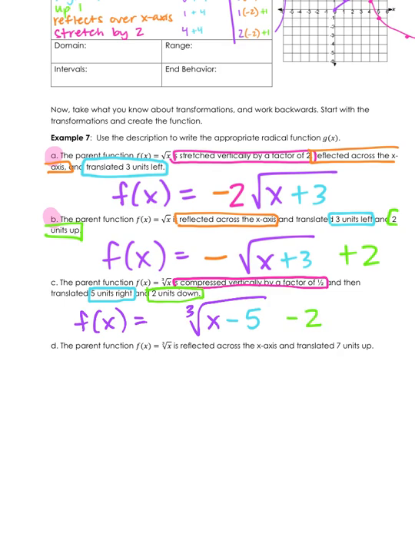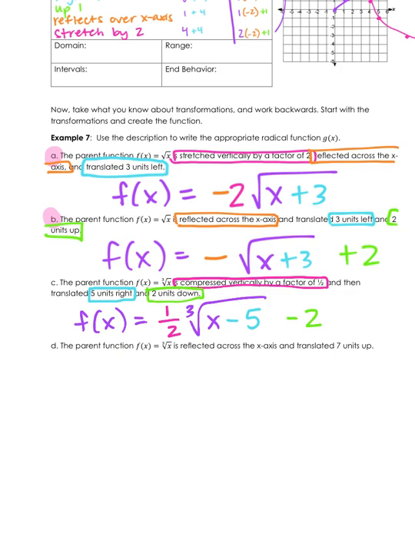We're going to go -2. And then it's been vertically compressed by a factor of 1/2. So remember, the compression or stretch goes out front. So we're going to put that 1/2 out front. So our function would be f of x equals 1/2 the cubed root of x minus 5 minus 2.